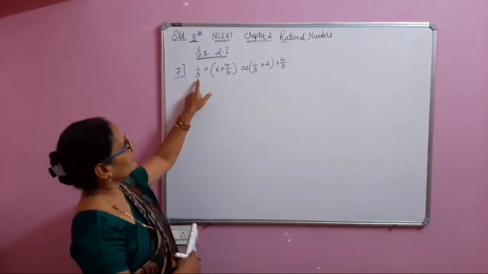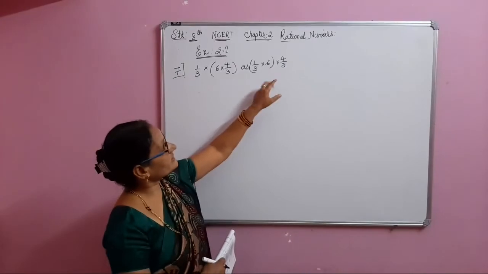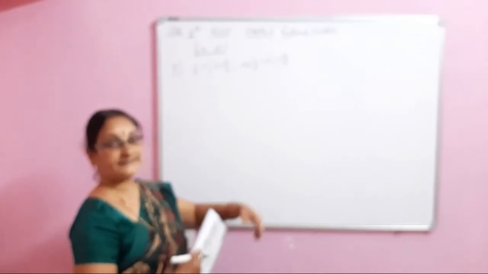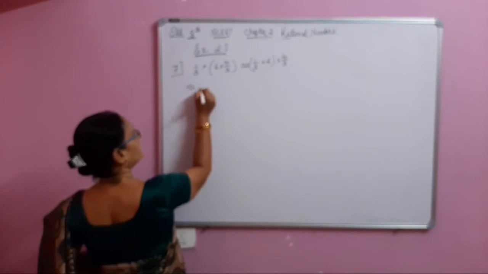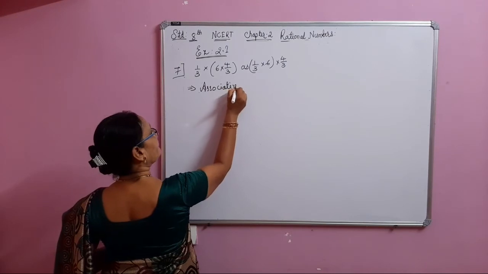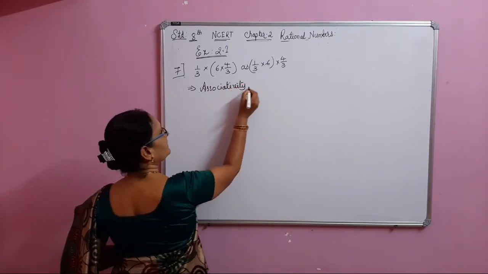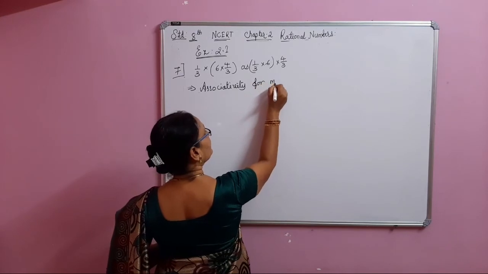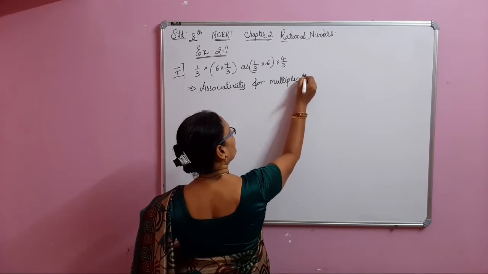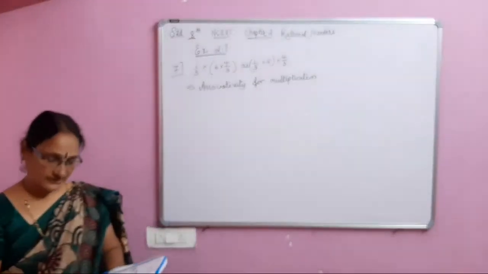See, observe here: 1 by 3 into 6 into 4 by 3 as 1 by 3 into 6 into 4 by 3. Three numbers arranged in a different way. That is associativity. This is which property? Associativity for multiplication. Just we have to say the property here.